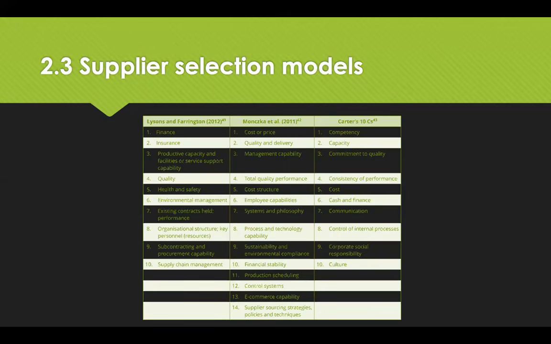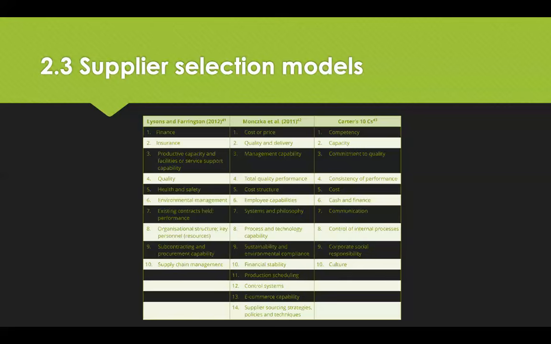Has it got consistency of performance? Can they deliver consistently high levels of quality throughout the life of the contract? In terms of cost, what is the total cost of the product and service? Does the supplier remain profitable? From a cash perspective, are they financially stable? Communication. Can the organisation set up and manage appropriate channels of communication between the stakeholders?